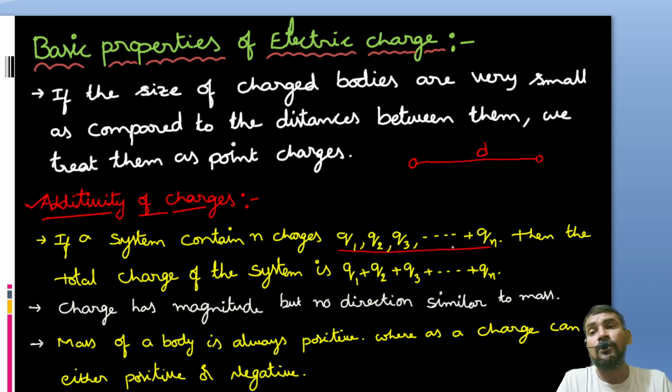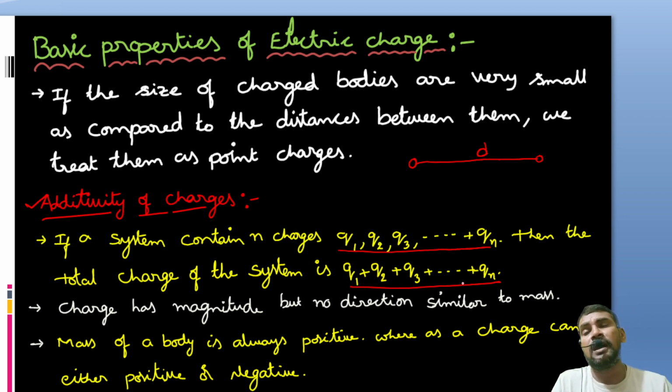If I want to know the total charge of the system, then the total charge will be the sum of all the charges. So the total charge will be given by q1 plus q2 plus q3 and so on up to qn.